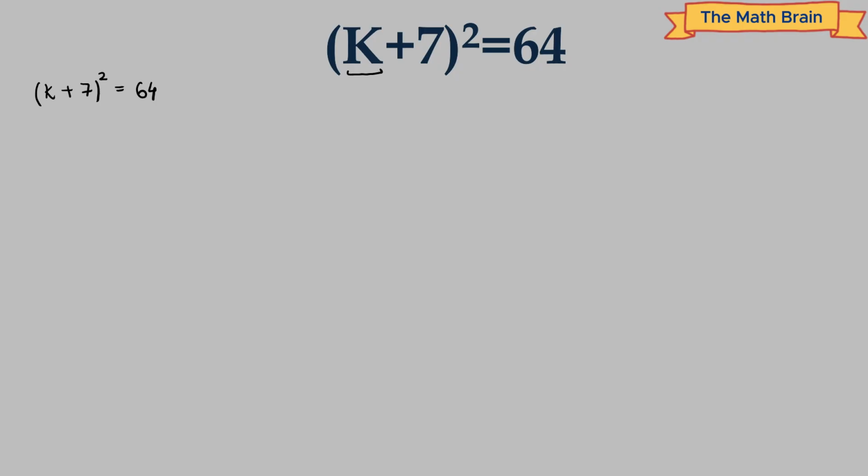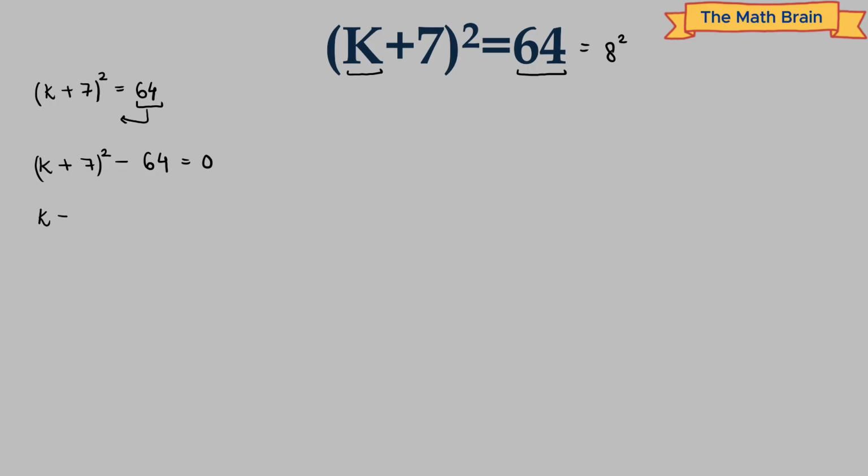First is by taking this 64 to the left hand side, we are left with (k + 7)² − 64 = 0. So we know that 64 is equal to 8².